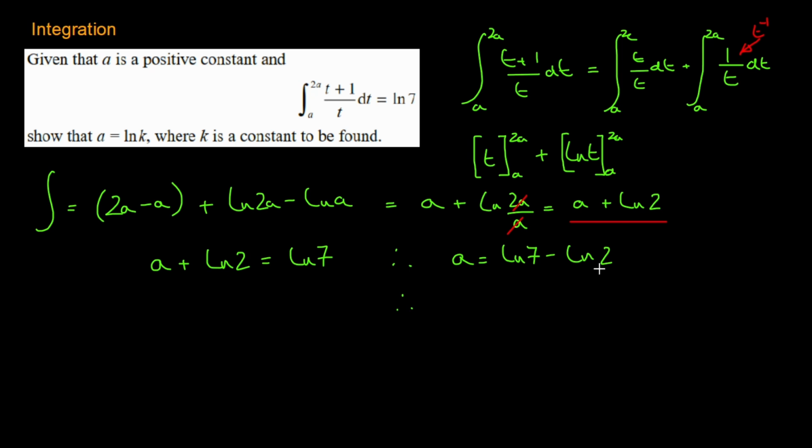And again, by that same rule of logs, where you have two separate logs which are subtracted, this can turn into a single log of the fraction 7 over 2. We get that a is equal to ln 7 over 2. So if we now compare this with a is equal to ln k, as stated in the question, I can say that therefore k is equal to 7 over 2. And that is your answer.